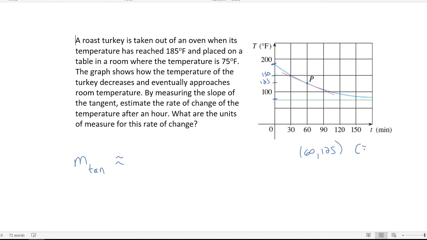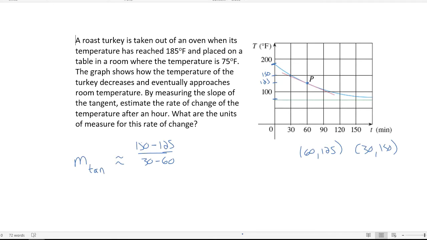So let's say 30, we're at 150. We're finding the slope between those two points, and that's going to estimate the slope of this tangent line at point P. So we're going to do 150 minus 125 over 30 minus 60. Again, I do change in y over change in x, my rise over run.